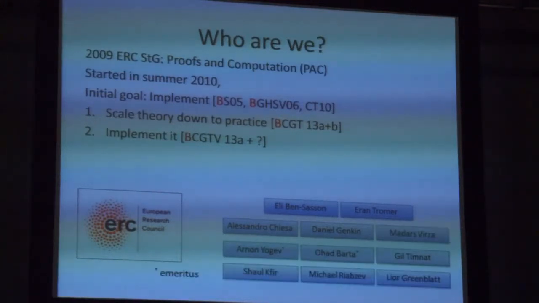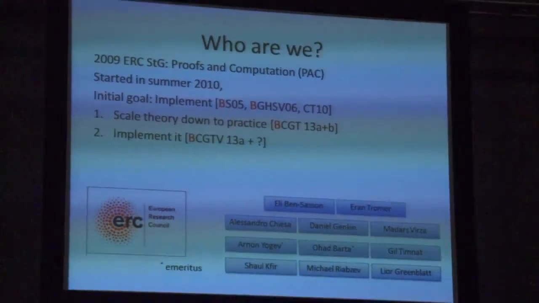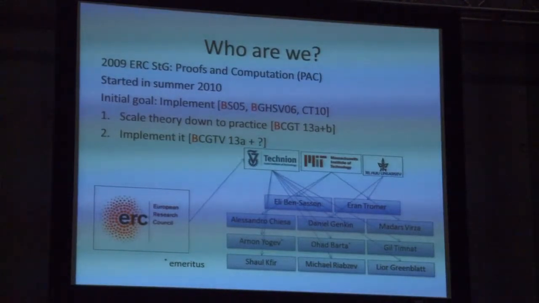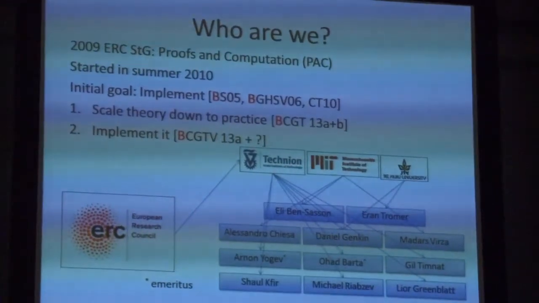And we have a pretty large team working on it, which sits all over the place. There's a large team at Technion. A bunch of us are sitting at MIT, including myself right now, and Tel Aviv University. And we have ongoing meetings by Skype and so on, so it's just picking up pace.